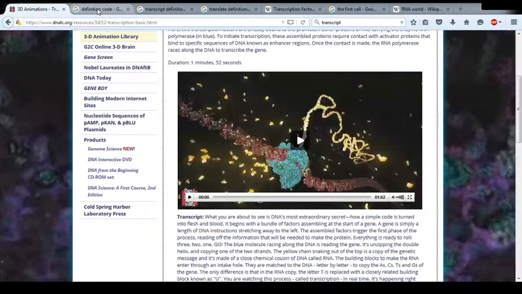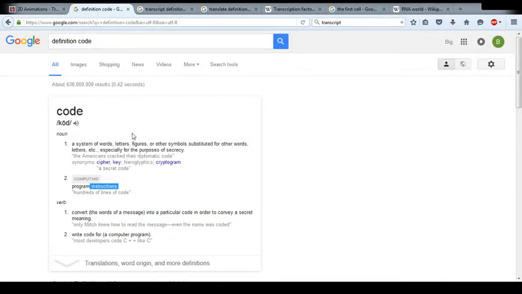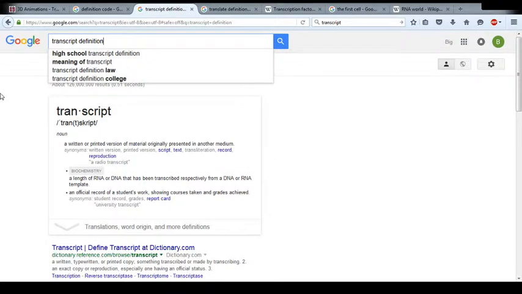So let's take a look at just the definition of the word code. A system of words, letters, figures, or other symbols substituted for other words, letters, etc., especially for the purpose of secrecy. And in computing, it's used for program instructions. Let's look at the definition of transcript.